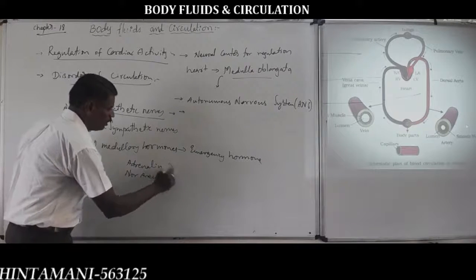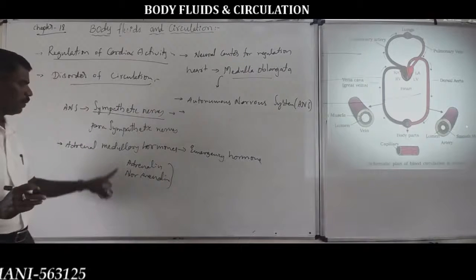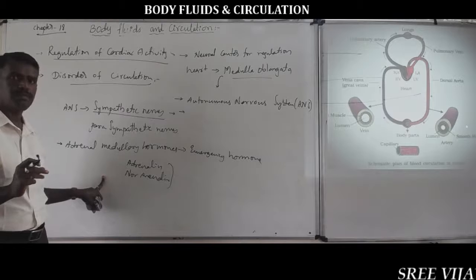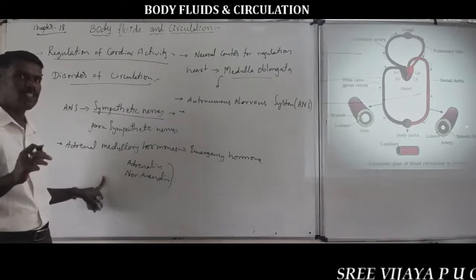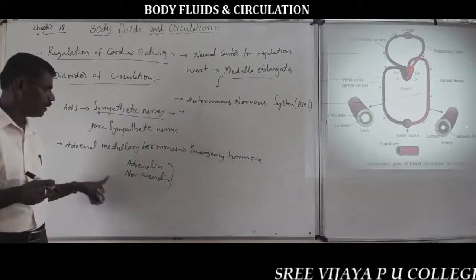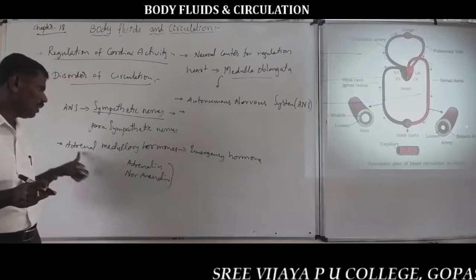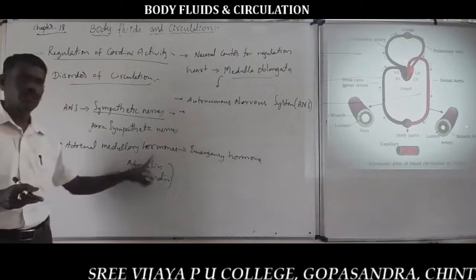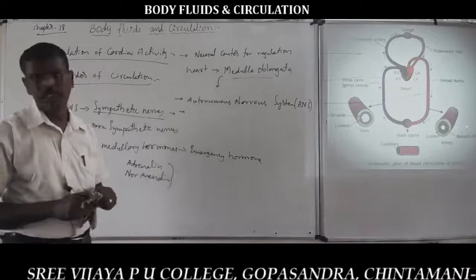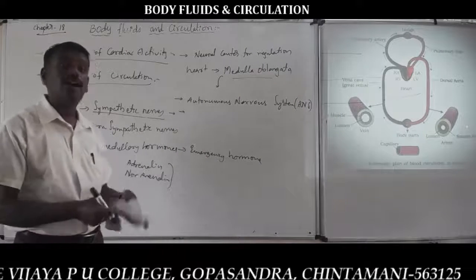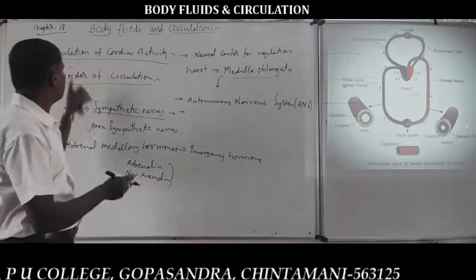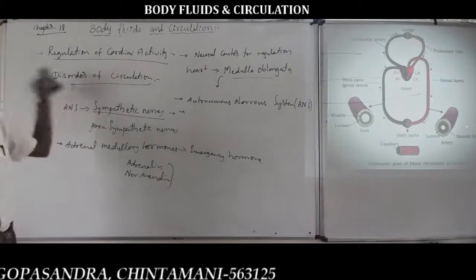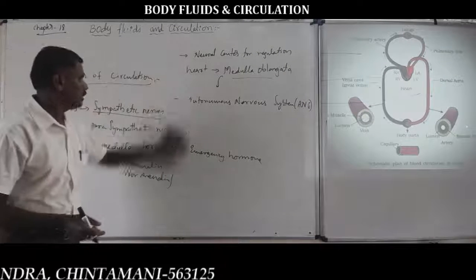These are maintained at the time of emergency, that is fight or flight. These adrenal medullary hormones also modify the heartbeat of the heart, and both are involved in the regulation of cardiac activity.